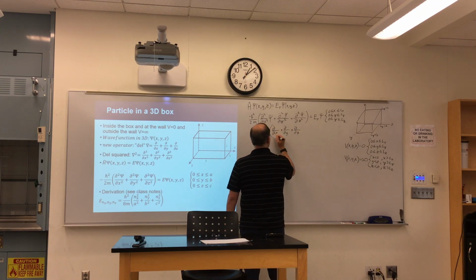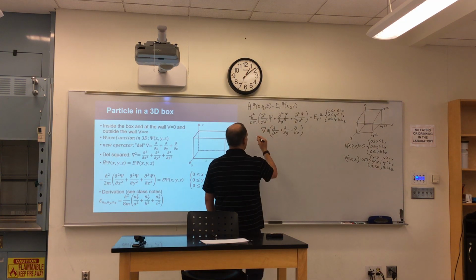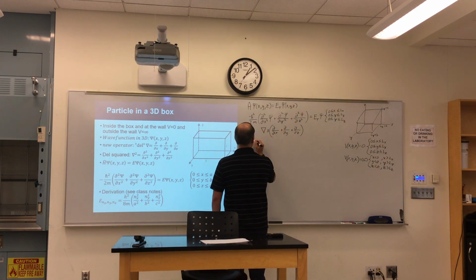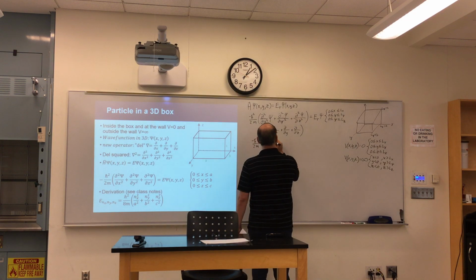That's what it means. And so we could have this as being minus h bar squared over 2m nabla squared, because we're taking the second derivative of psi. And I'm going to bring back the x, y, and z because I just saved a whole bunch of room by writing nabla.